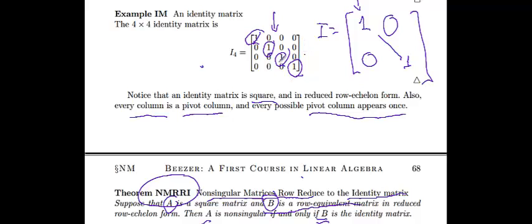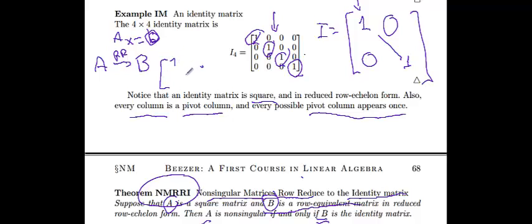Remember, when you solve an equation, say AX equals 0, I can row reduce this A to a B. Suppose B is the identity matrix.